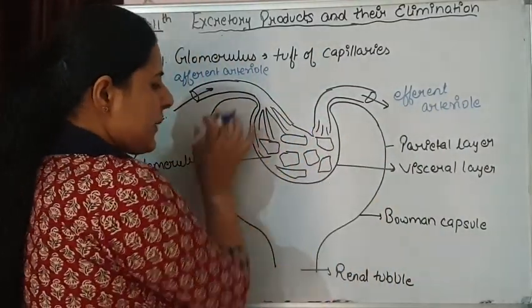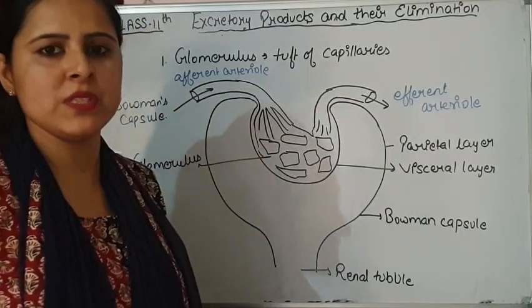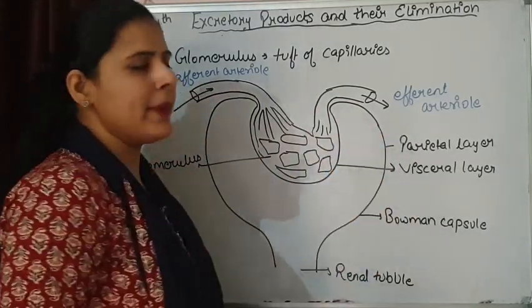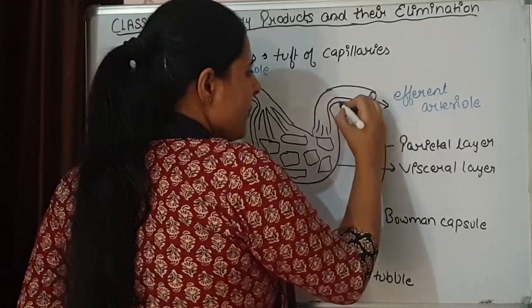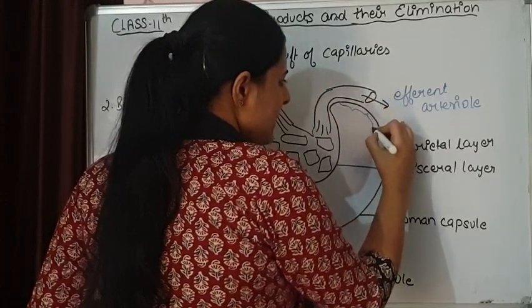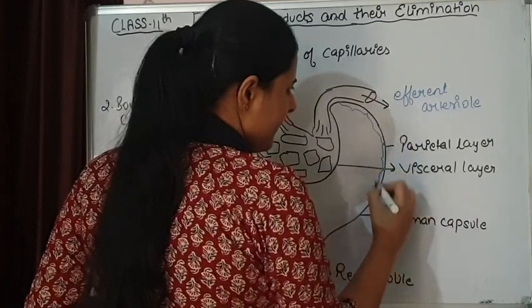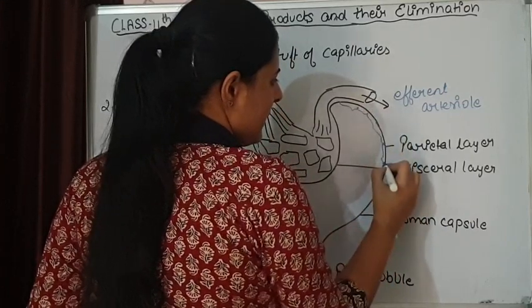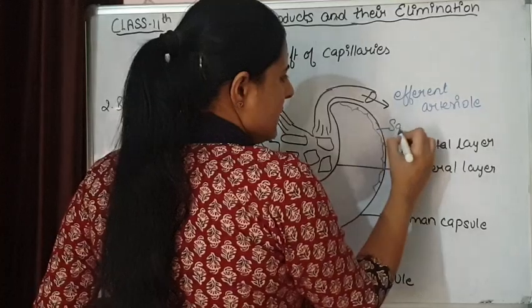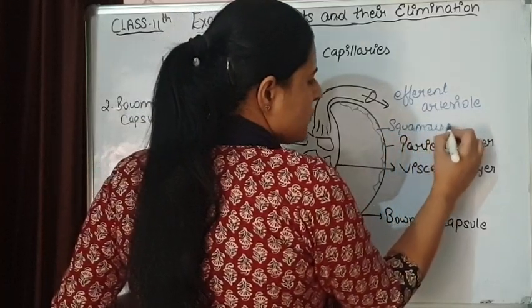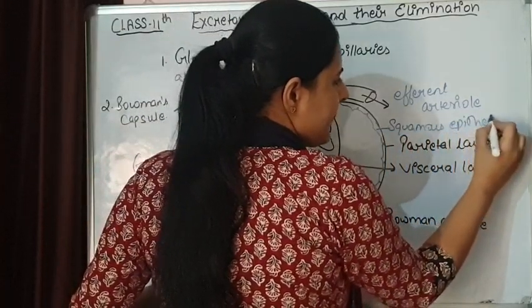Then Bowman capsule is a double membrane cup-shaped structure. The outer membrane, the parietal layer, is made up of squamous epithelium; these are the cells of squamous epithelium.